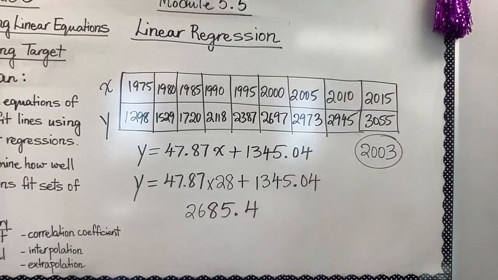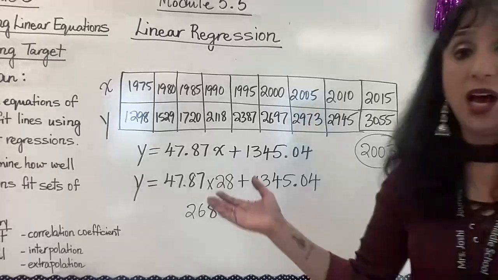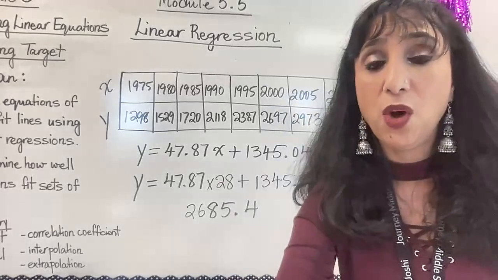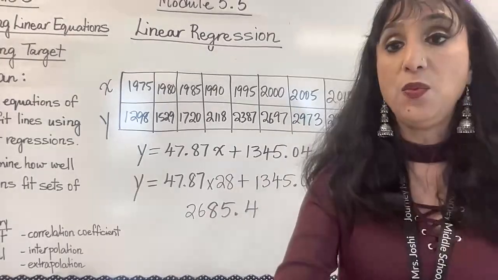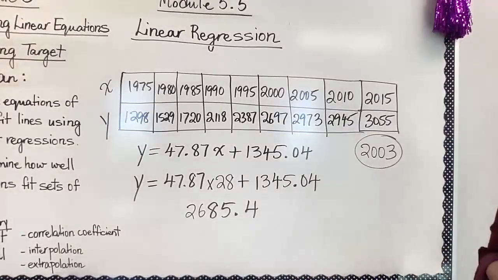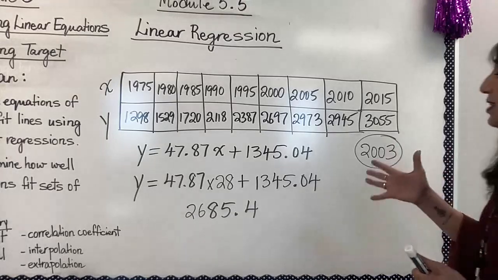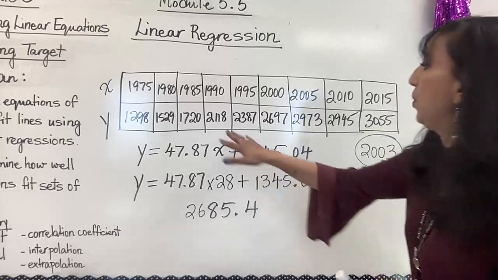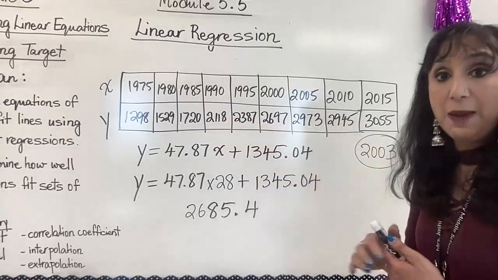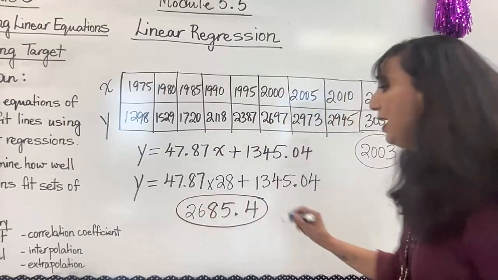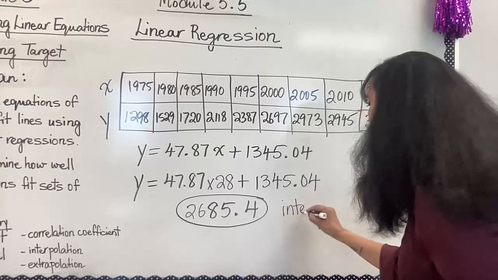Is it falling between or within my data? Let's quickly talk about what interpolation is again. We said that interpolation is a prediction that falls within the given set of data. Is this falling within the data that we have? Absolutely. So this is an example of interpolation.